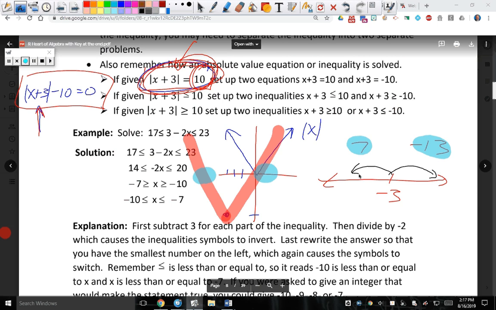So if I jump 10 from negative 3 to the right, I will get 7. If I jump 10 to the left, I will get negative 13. And that's how you can get those answers quickly. Don't do it with the inequalities, only do it with the equals. Okay? Alright.